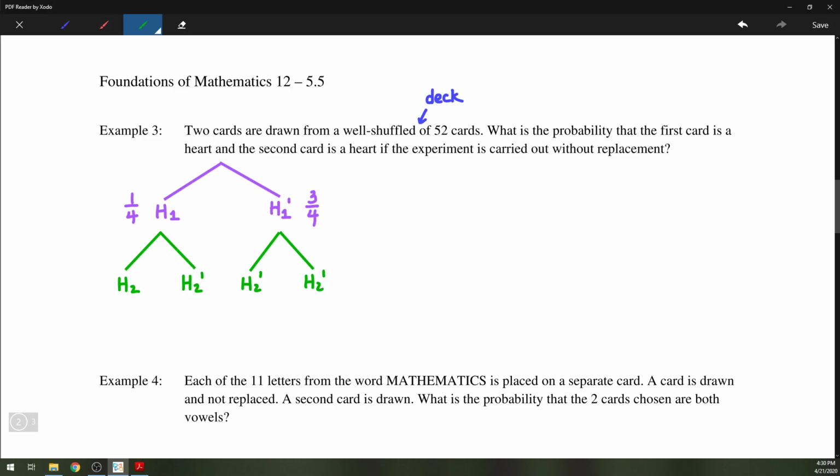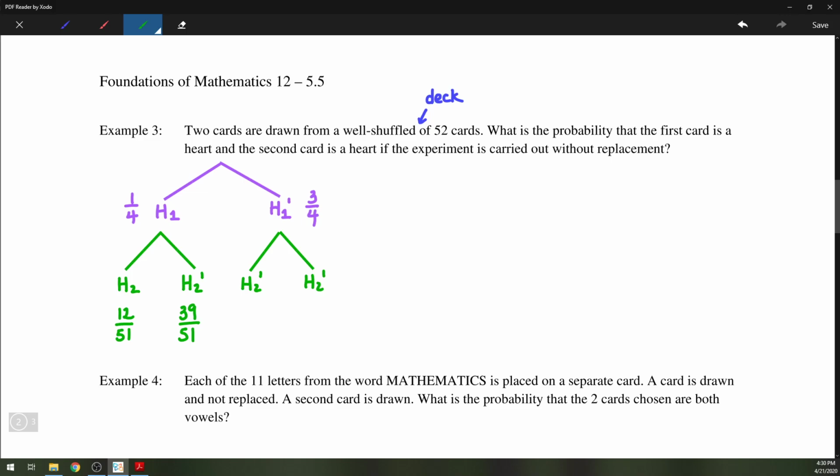Okay, so if you drew one of the 13 hearts in the deck, you will only have 12 hearts left out of the 51 remaining cards. And because you took 1 heart out of the deck, you still have all the not hearts left over, so that would be 39 out of 51 for the card to be not a heart in the second drawing.